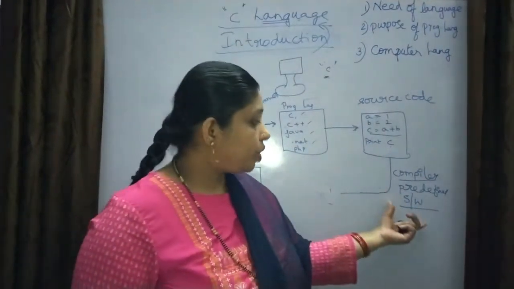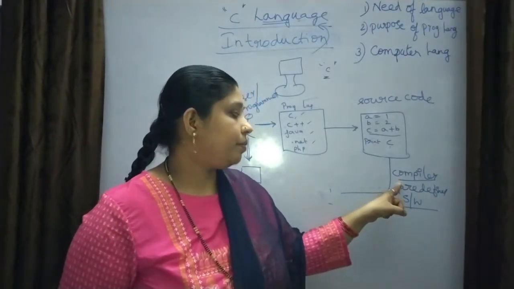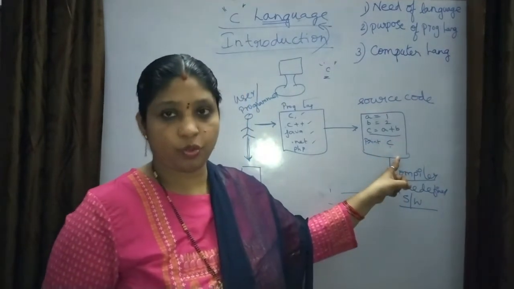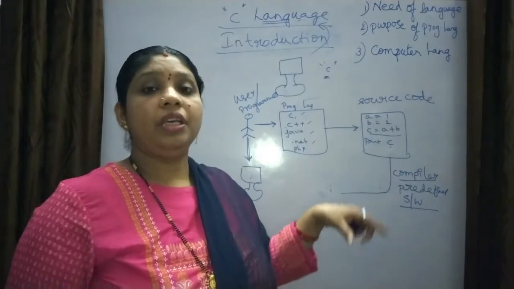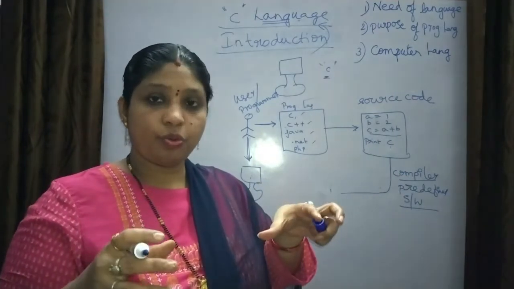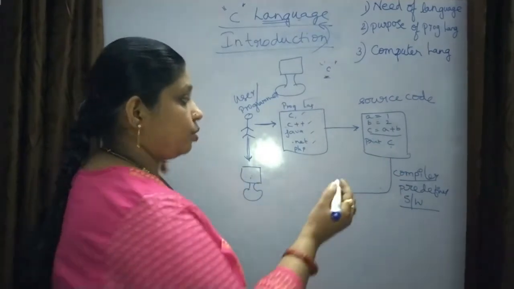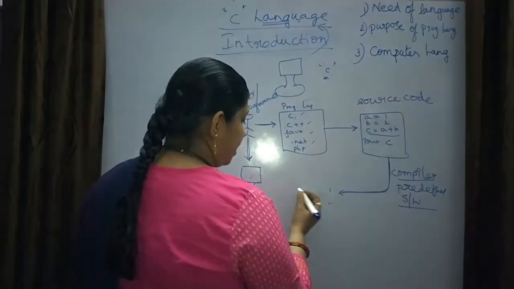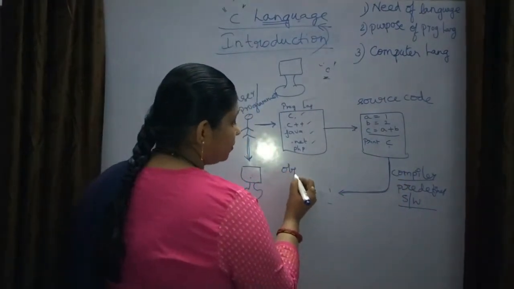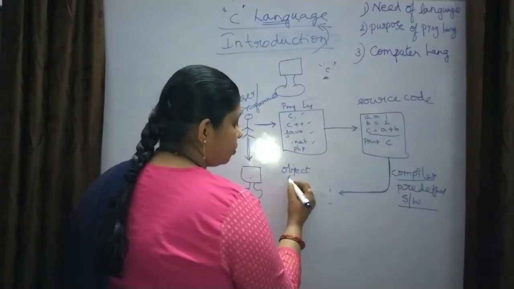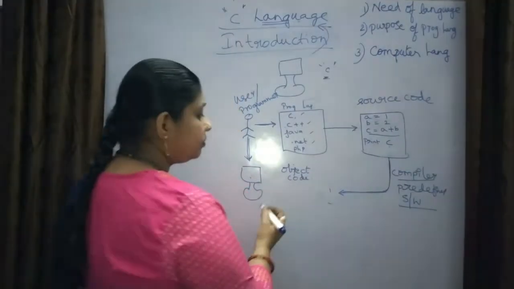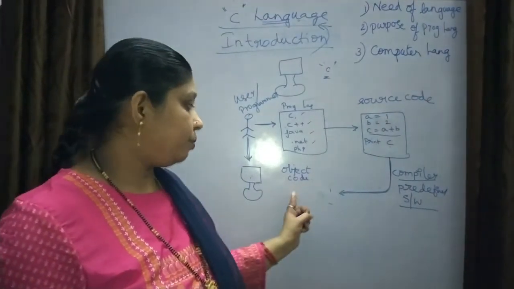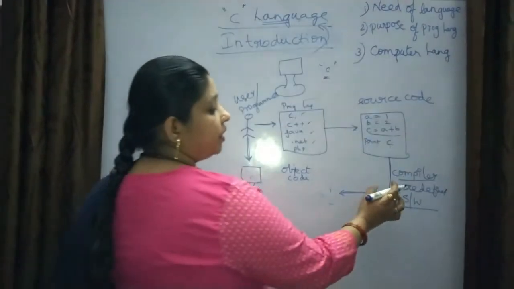So now what is happening here? This compiler sees this source code and it will take the source code, and this source code is converted into an object code, right? What is object code? I will explain. So it will convert this source code into object code. Who will convert here?